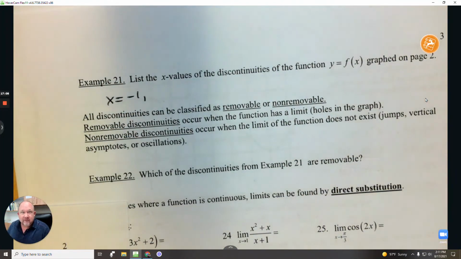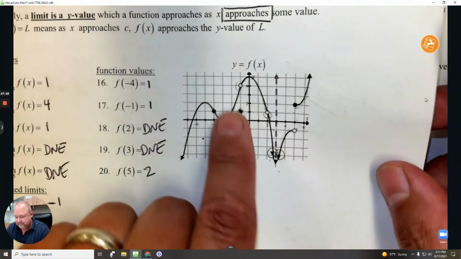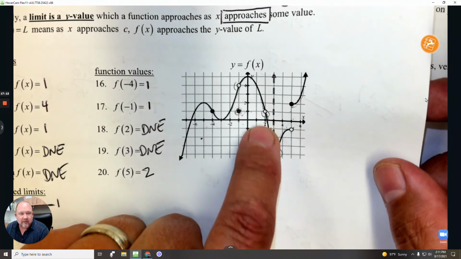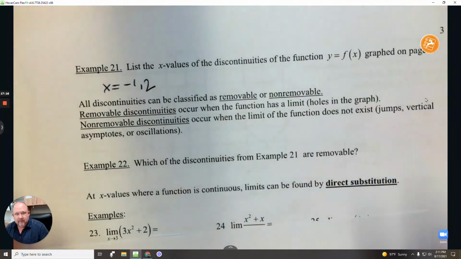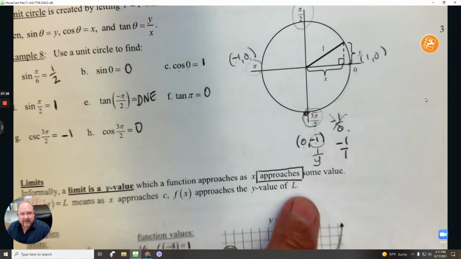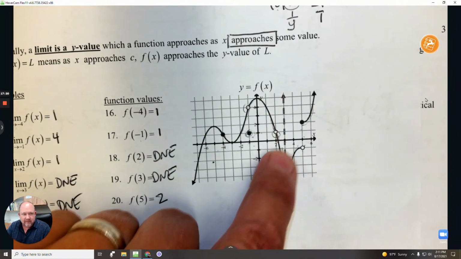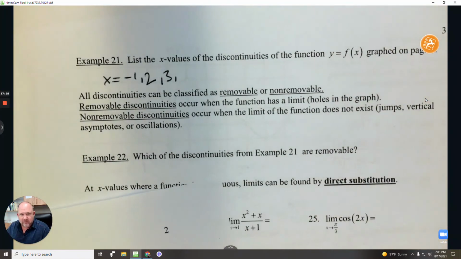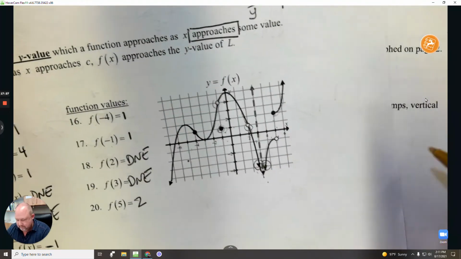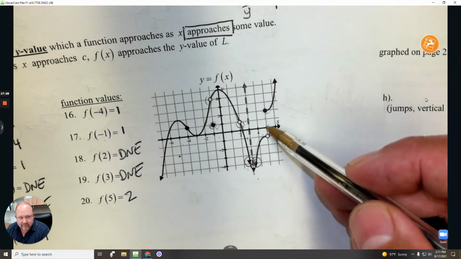Where else is there a discontinuity? So there's another one here at +2. And we have one at the asymptote. That's at 3. And we have one more discontinuity. Here at +5, there's a jump.